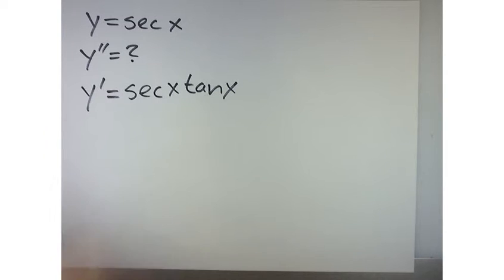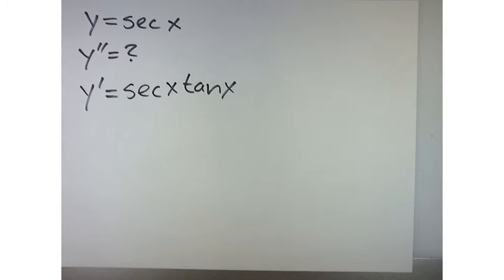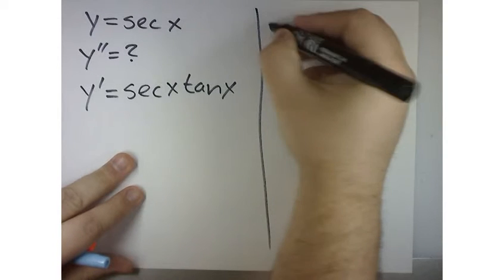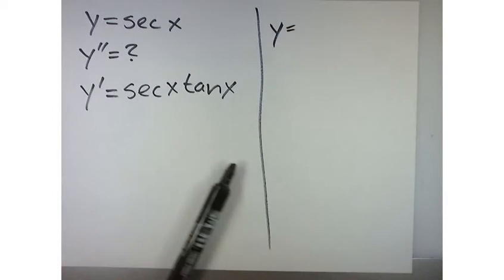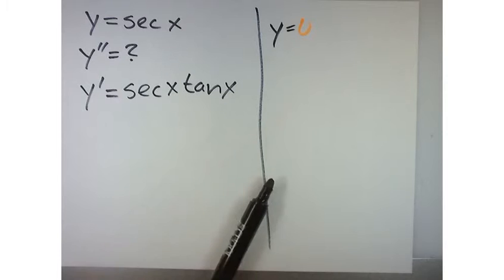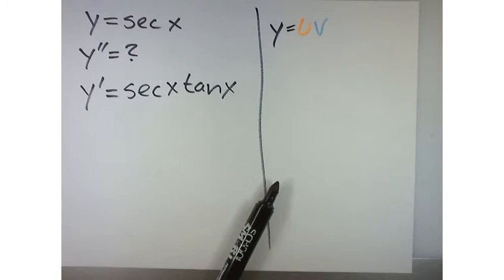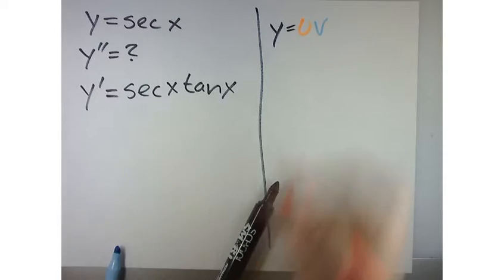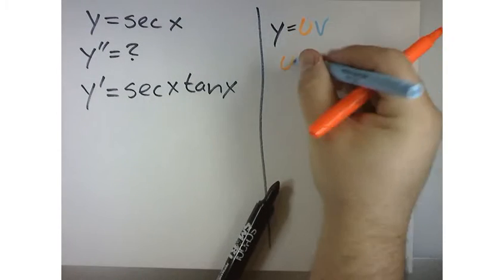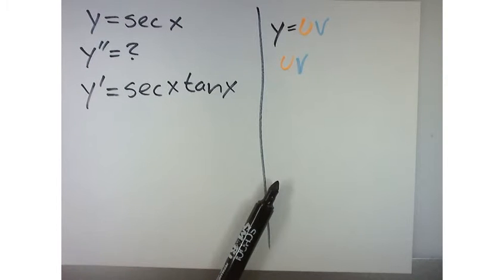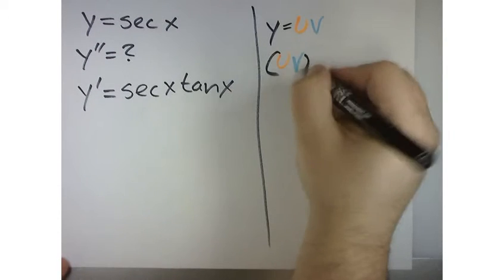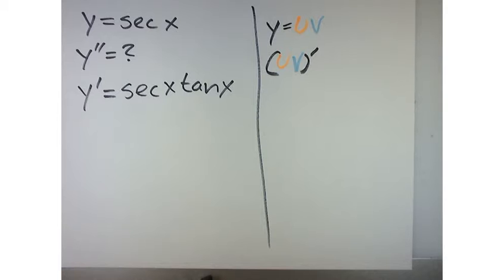So now to find y double prime, I've got to take the derivative of this. And so what I need to be thinking is, I need to think y equals u times v. And I need to take the derivative of this. So if I want to take the derivative of u v, I'm going to need to use the product rule.